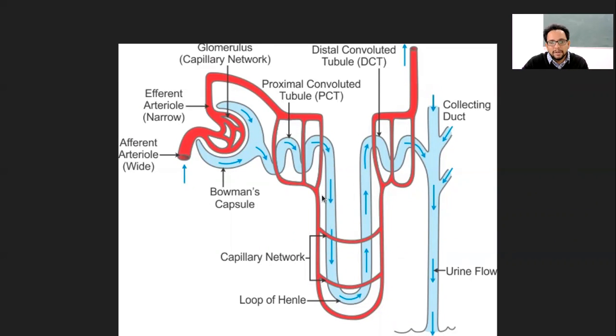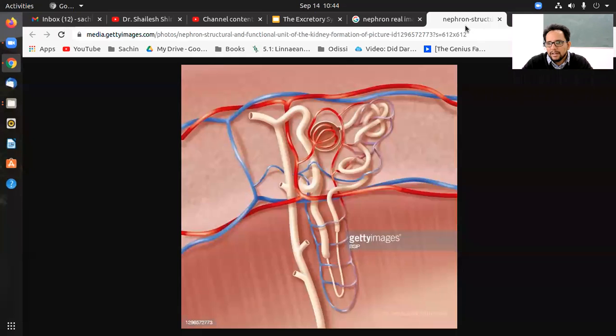Another thing that we must remember is the diameter of this tube. It is shown here common, right? Throughout this renal tubule, it is shown like same. It is not same. It is exactly like this. You can see this has kind of less diameter. This PCT has bigger diameter.